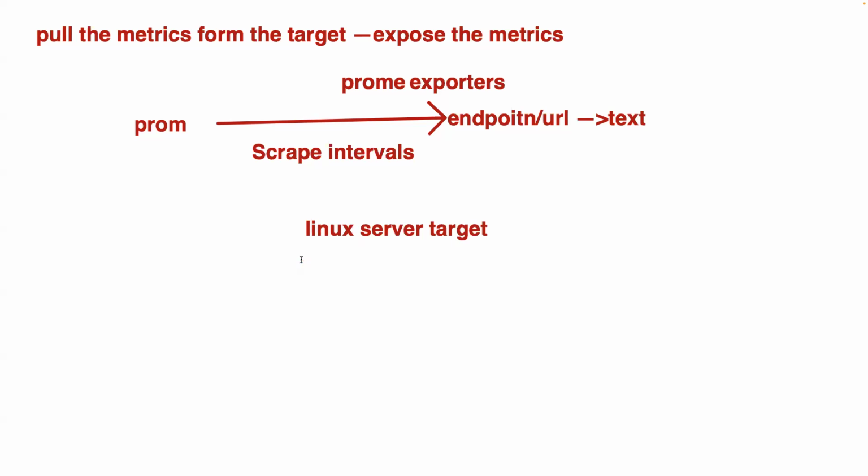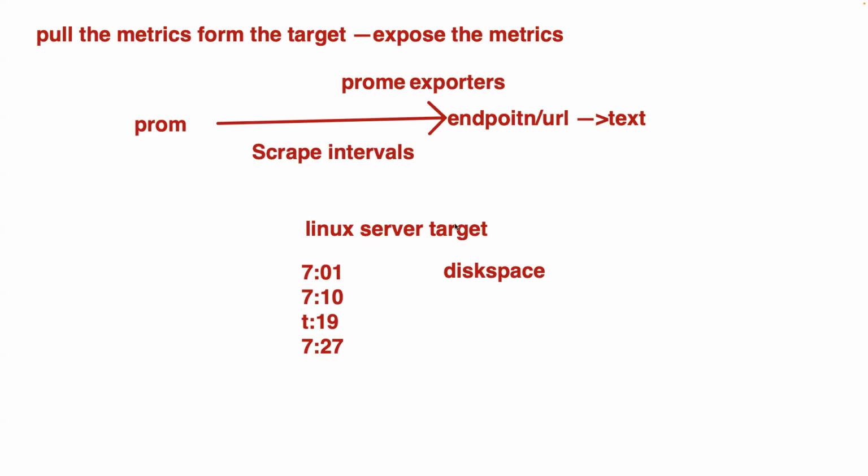Like you have, this is your target. Let's say you will pull the metrics like at 7:10, every 9 minutes or whatever you configure. You can configure the scrape interval, right? So let's say you want to get the disk space values as per the timestamp, or latency, or the error rate, or whatever. So that's how it will pull the metrics from the targets.